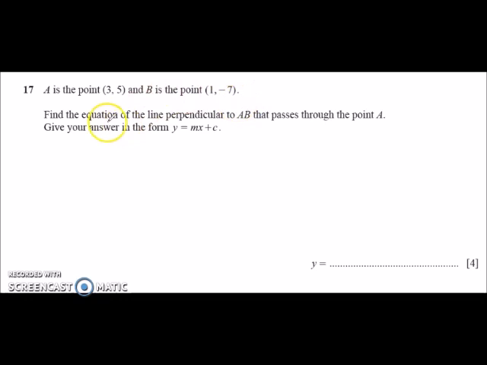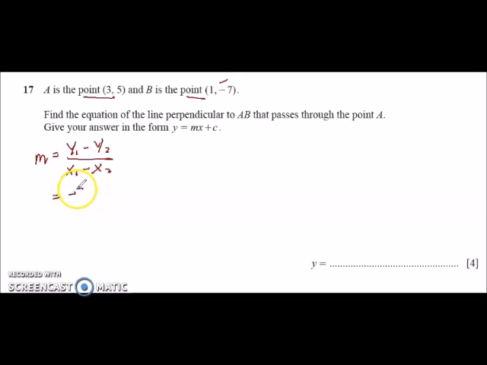Okay, so the first thing is we have to find the gradient of these points. The gradient is given by the formula y1 minus y2 over x1 minus x2. We can use either one as number 1, so I choose this one as the first one.